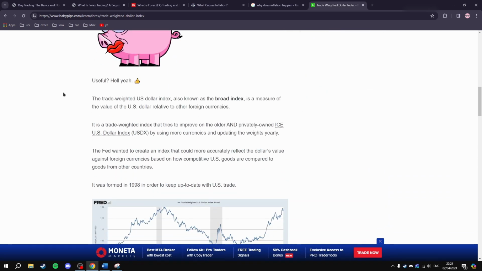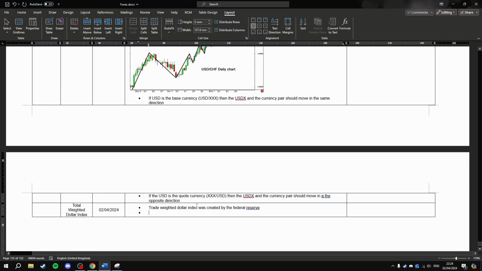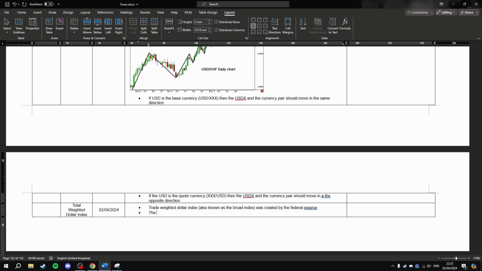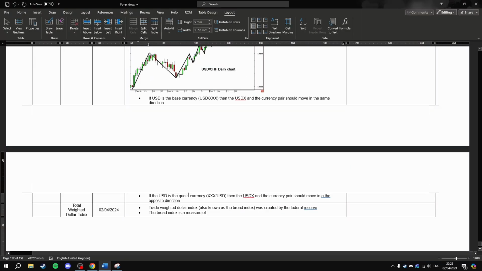Useful? Hell yeah. The trade weighted US dollar index, also known as the broad index, is a measure of the value of the US dollar relative to other foreign currencies.